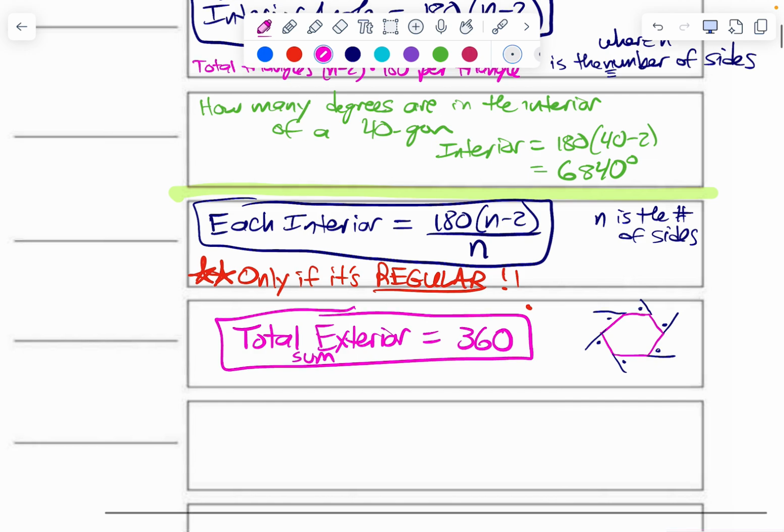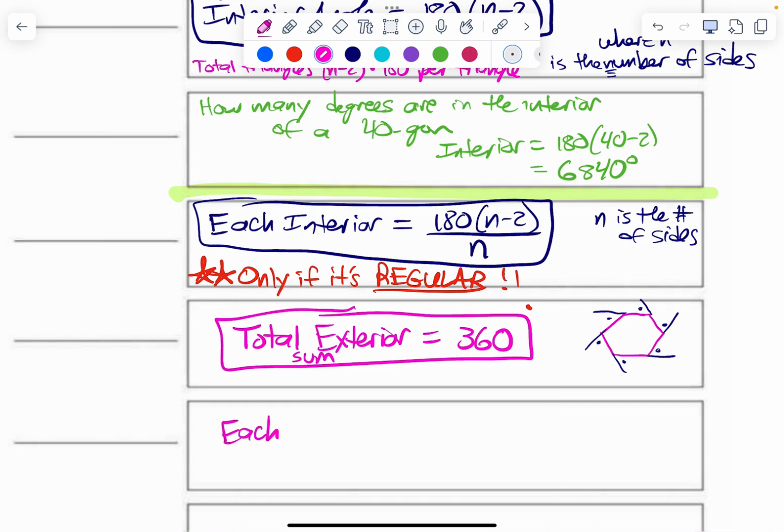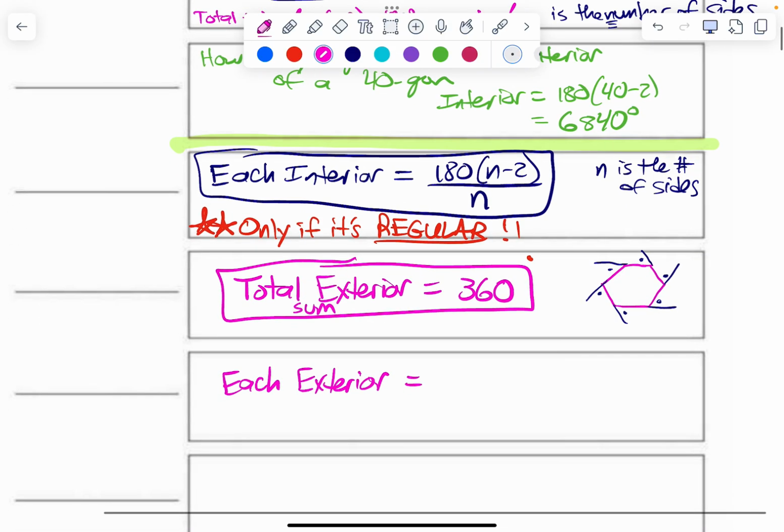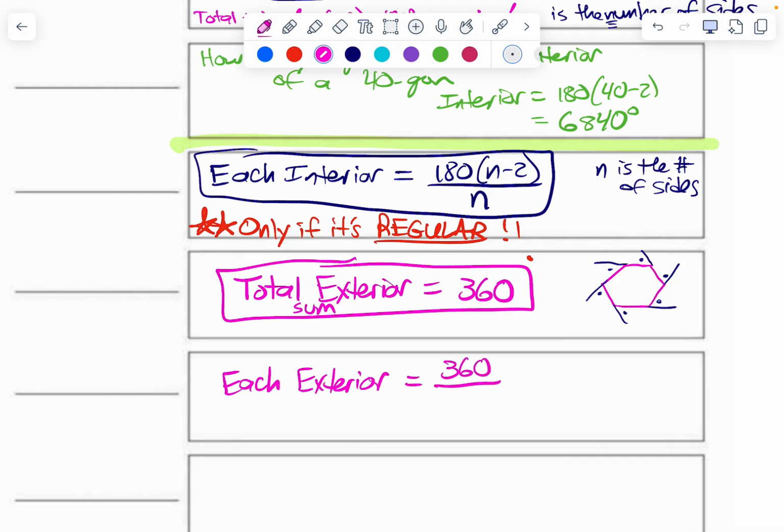Now, Tim just brought this up, so we might as well write it. Each exterior is what? 360 divided by n. Now, what is that only true for?